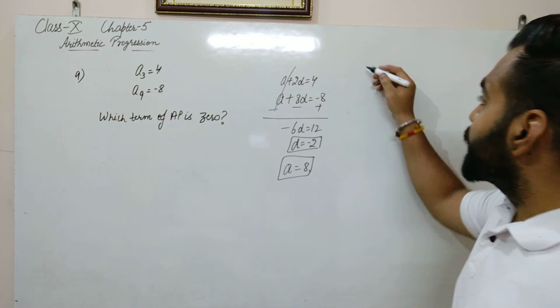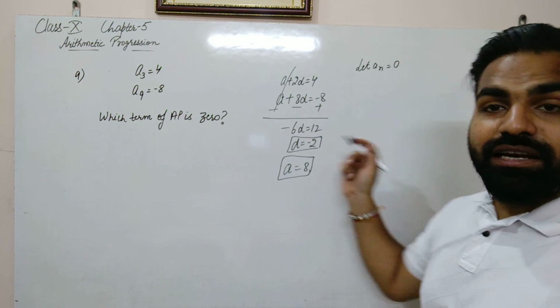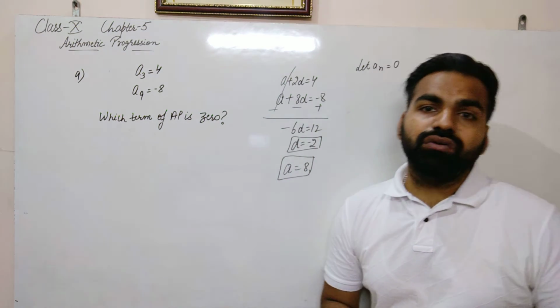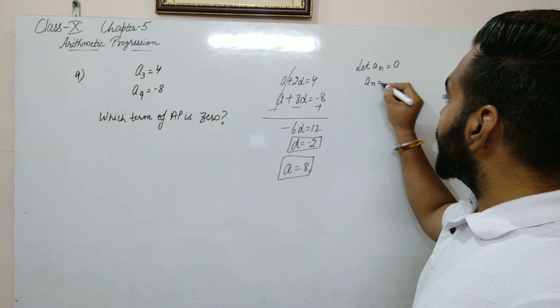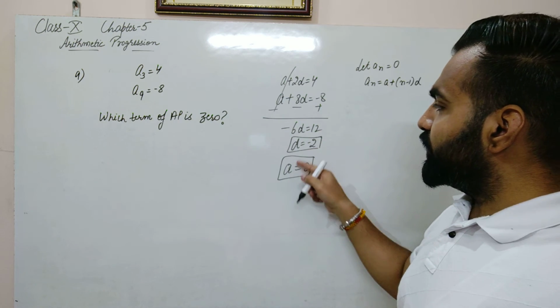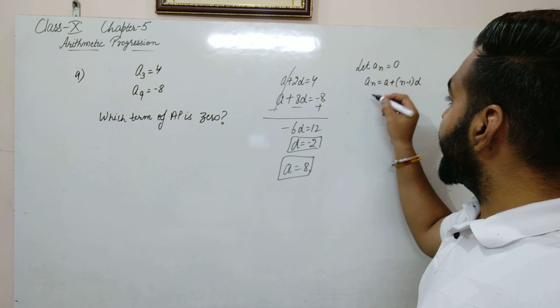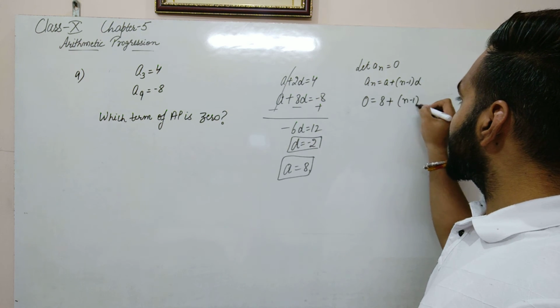So let us suppose An is 0. That means let the nth term of the AP be 0. So we will find the value of n here. An is A plus n minus 1 into D. Now we know the values of A and D. Put the values here. An is 0, A is 8, n minus 1 into minus 2.